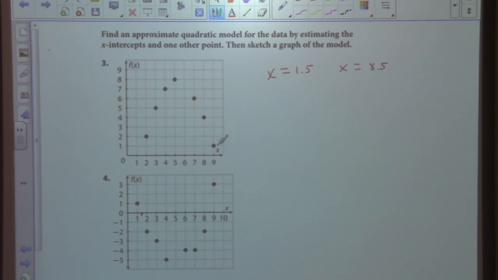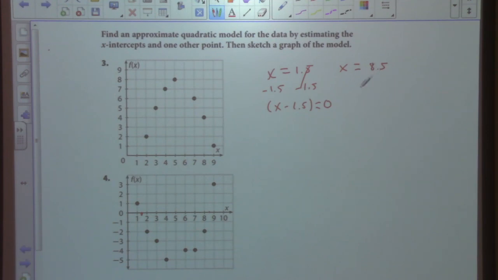And what would our requisite factors be from that? What factors do you get out of those zeros? Subtract 1.5. We get X minus 1.5 is equal to 0. And what do we get over here?